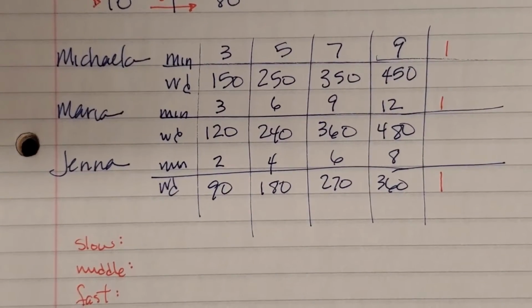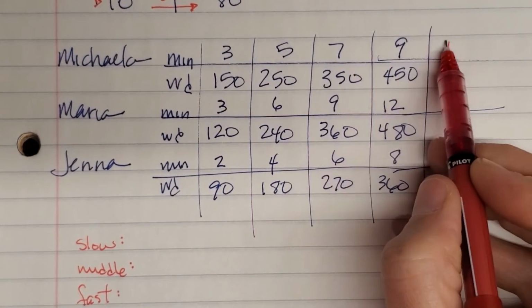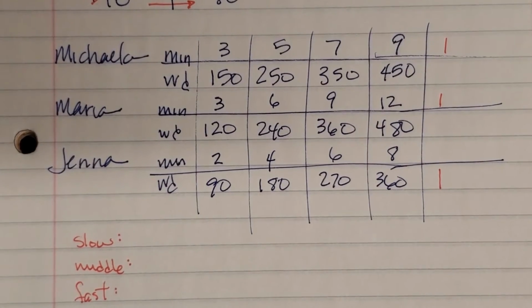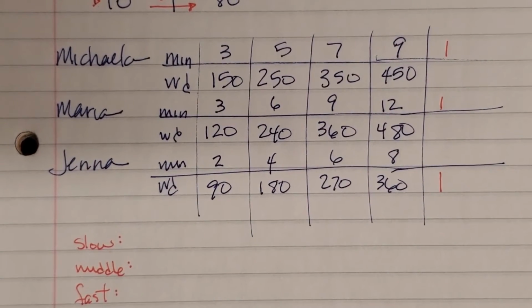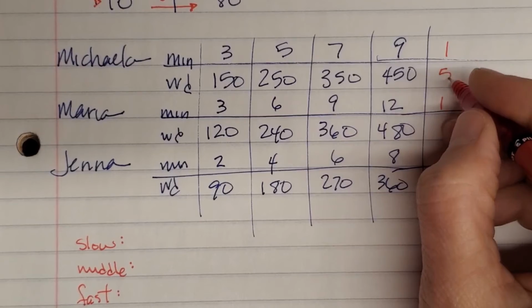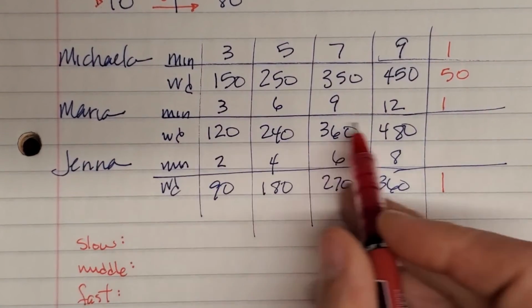Get out my trusty calculator here. Okay, so to get from, well, let's just do 9. From 9 to 1, divide by 9. Okay, let's do 450, divide 9. Oh gosh, I put in the wrong numbers. That means in 1 minute, Michaela can type 50 words. Okay, Maria, 12.